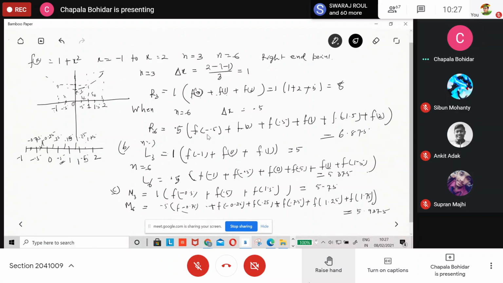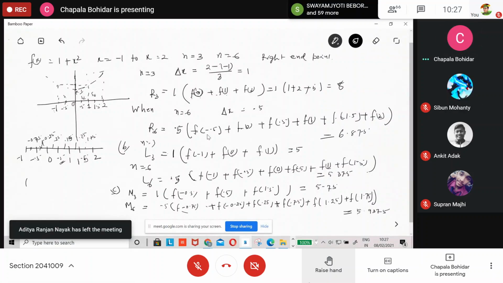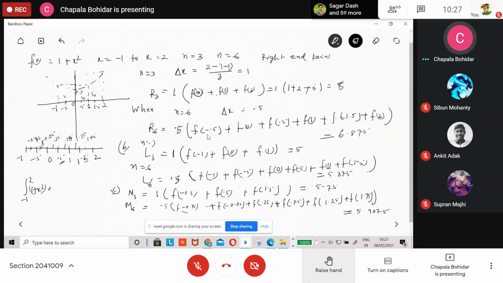9375. So now we find out the integral value here of this function, integration from minus 1 to 2, 1 plus x square dx. You know how to solve. How much is it? Tell me. Roughly you do this work.